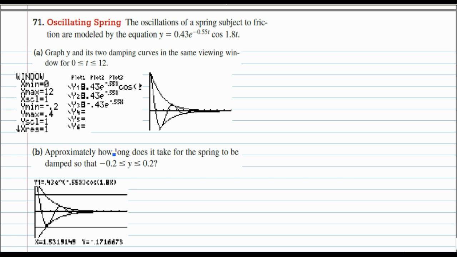Part B. Approximately how long does it take for the spring to be damped so that the y values go between negative 0.2 and positive 0.2? Well, I adjusted the window a little bit so I could see better, but I graphed in y2 and y3, y equals negative 0.2 and y equals positive 0.2.